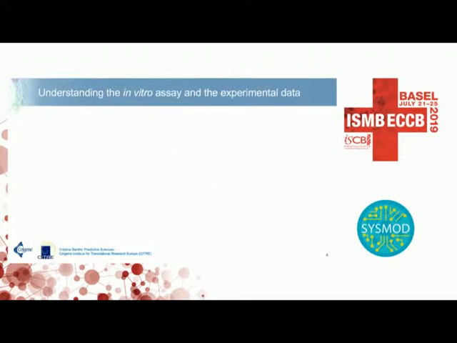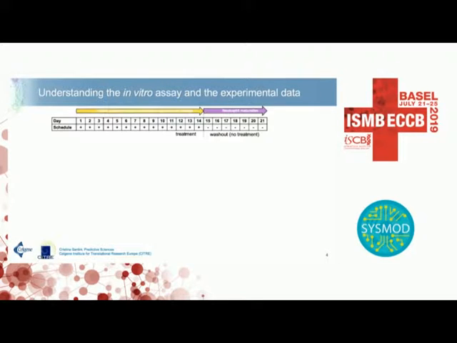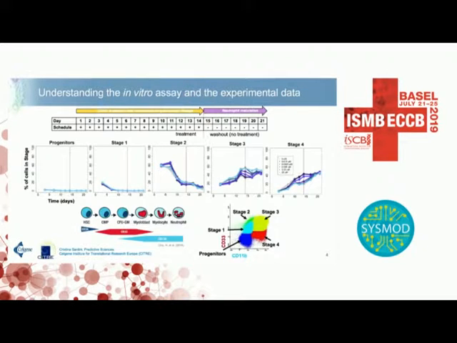Regarding the in vitro assay, the assay starts from CD34 positive bone marrow cells from healthy donors. And the assay has two phases: an expansion phase and a maturation phase. During the first 14 days of culture, we treat the assay with either DMSO or lenalidomide, followed by a 7-day washout.